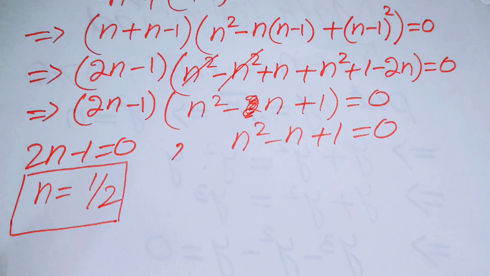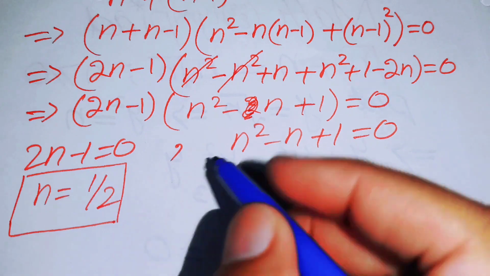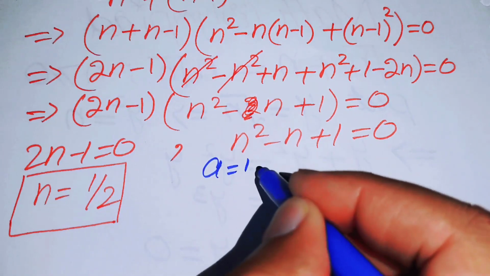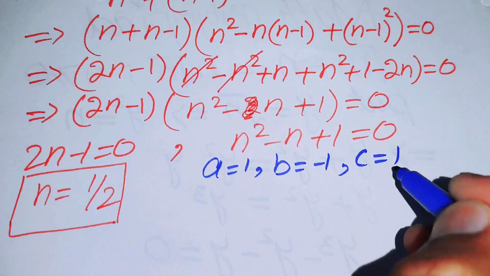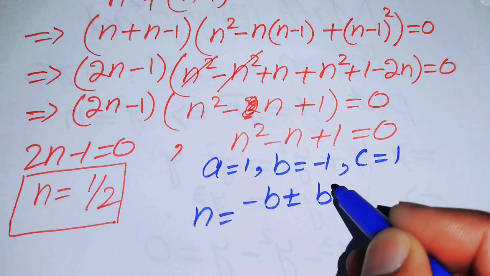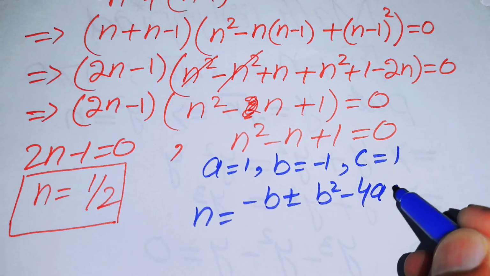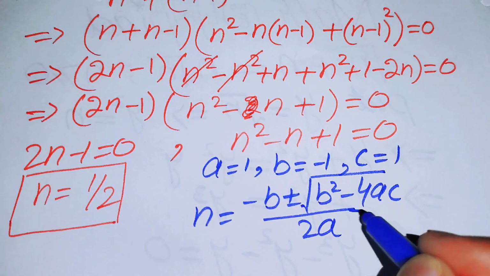So here we need to use the quadratic formula, where a equals 1, b equals minus 1 and c equals 1, and our quadratic formula is minus b plus or minus the square root of b squared minus 4ac, over 2a.